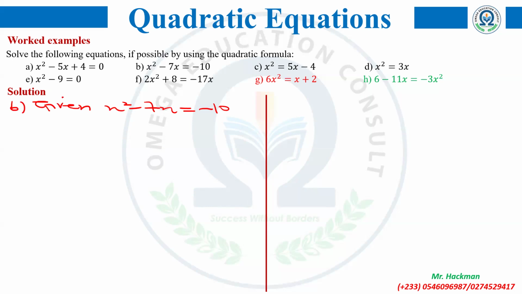Or you can still quote the formula and later take it to the standard form. But I would advise that you take it to the standard form, because this time around we are going to compare mentally. We won't write comparing this and that. We'll compare mentally to extract the values and go and substitute. That's all. So I cannot work with this one directly, unlike the first one. I have to make sure everything is on one side. So x squared minus 7x plus 10 is equal to 0.